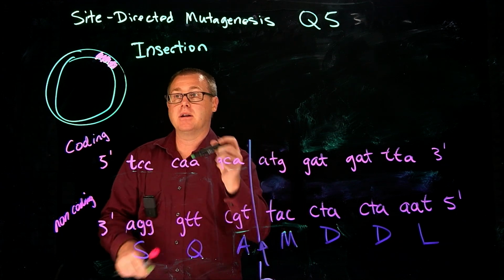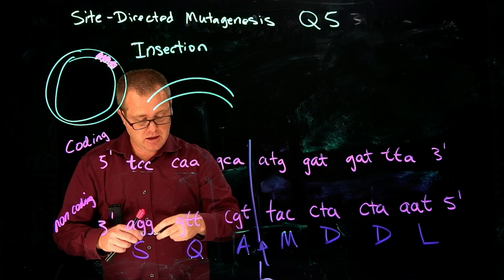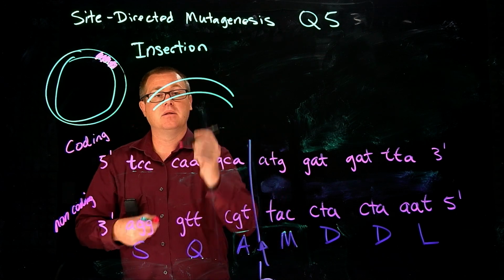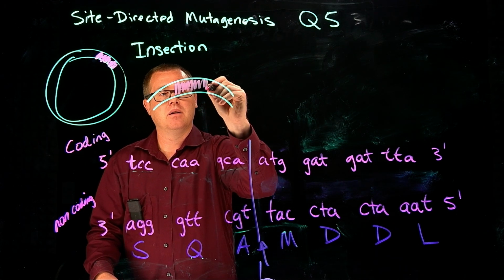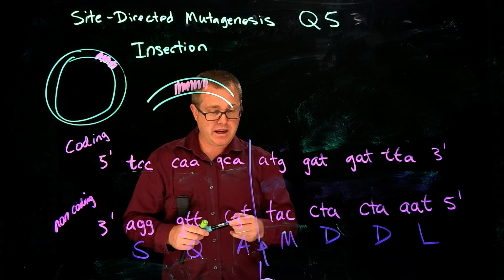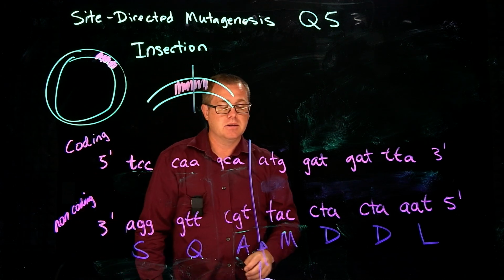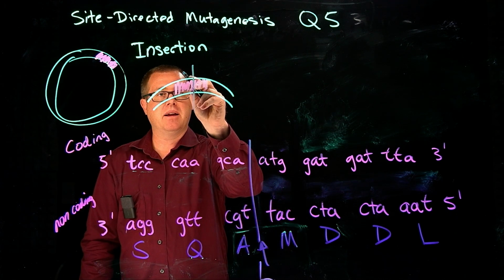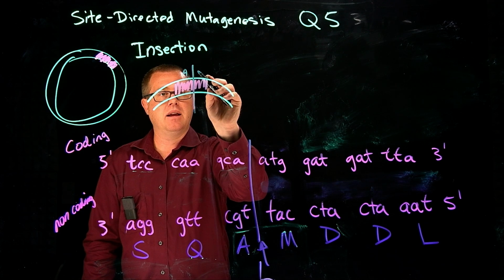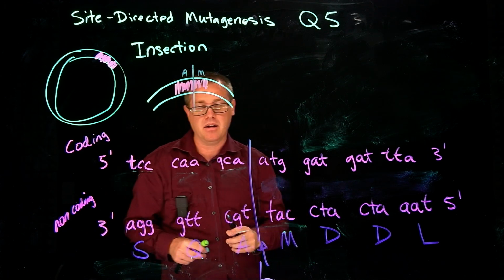So when we take a look and zoom in on our plasmid here, and we have our gene. Okay. And we want to insert it at that point. Okay. So what we have on this side right here is our alanine and then our methionine, and we want to stick leucine right in the middle there.